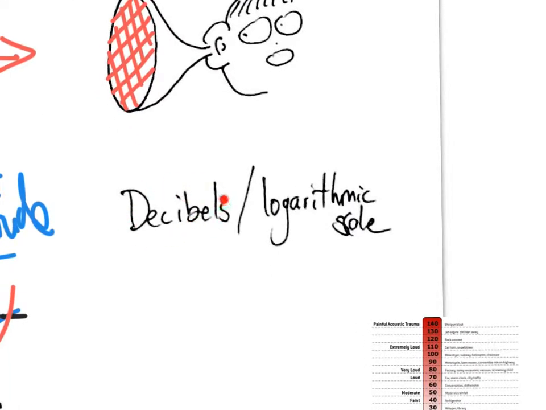So this is a way of measuring the intensity of sound, and it's a logarithmic scale. We humans are pretty cool, and one of the ways in which we're pretty cool is that our ears are incredibly sensitive.